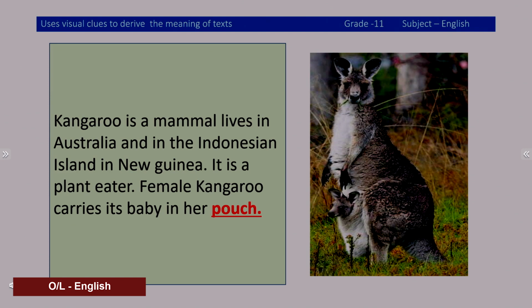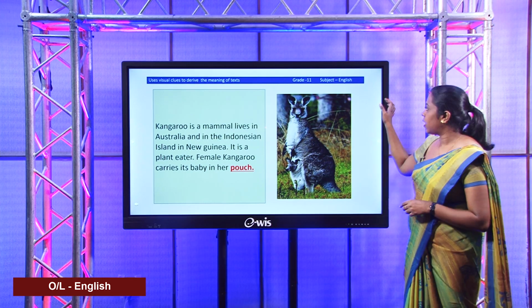Observe the picture and see where the baby is. Is the kangaroo carrying the baby using hands? No, right? You can see where the baby is. So the kangaroo carries the baby in a pouch. So this part of the kangaroo's body is called a pouch, right?